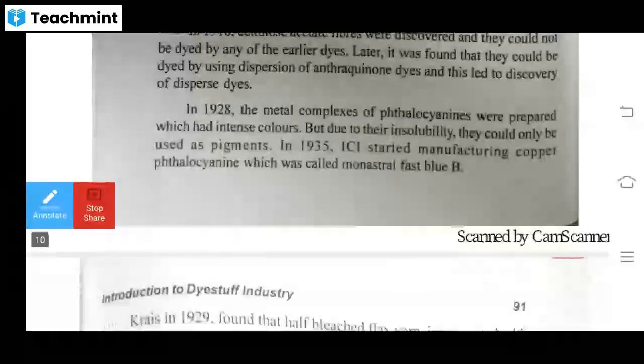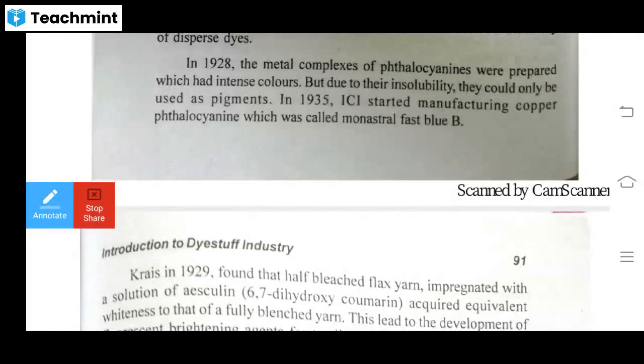In 1928, metal compounds like phthalocyanines were prepared, which have intense color, so they are also used for coloring purposes as pigments, and the manufacture of copper phthalocyanine started, which was called Monastral fast blue.